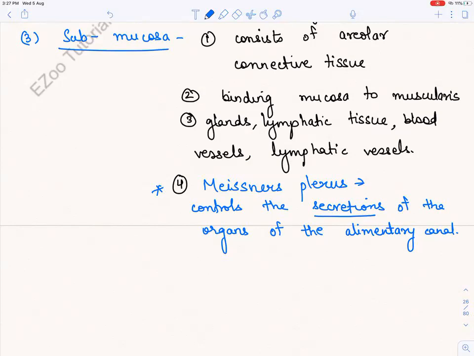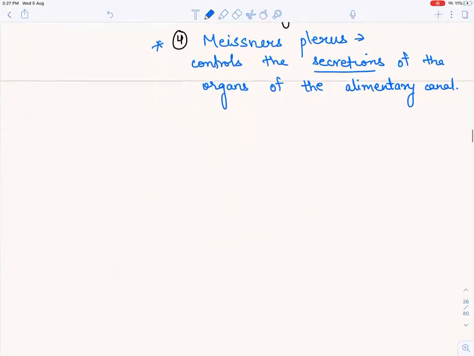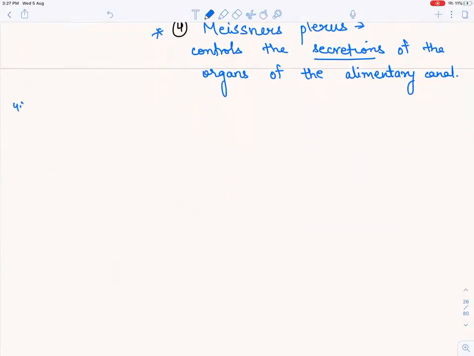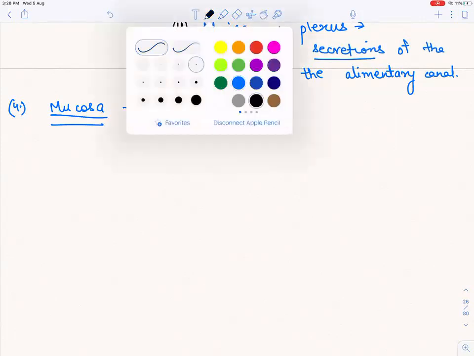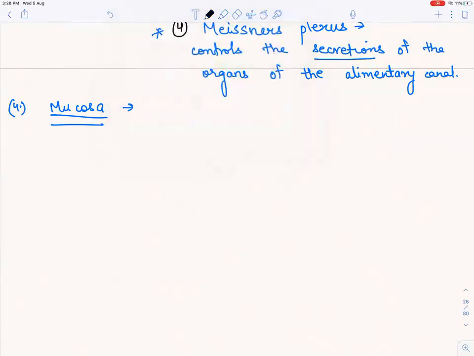Okay, so after submucosa, let us go to mucosa. Mucosa is formed of 3 layers. It is the inner lining, as you saw: serosa, then muscularis, submucosa, and mucosa, which is near to the lumen.